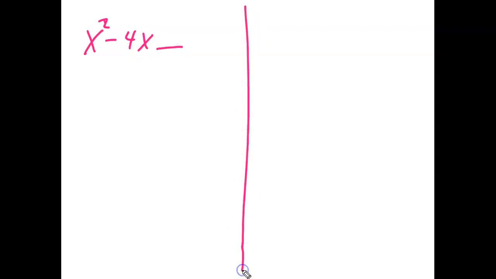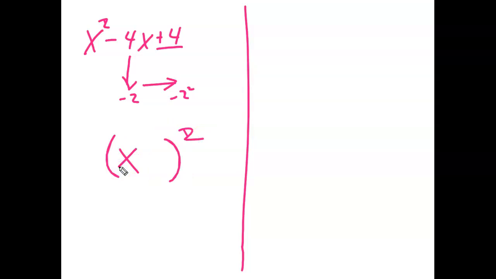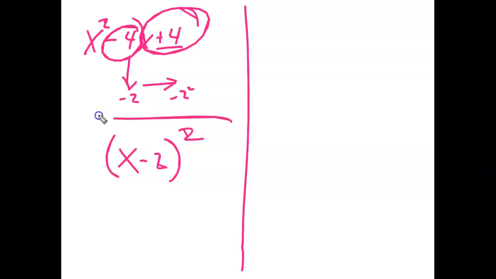First of all, we start by taking half of the 4, which is negative 2. And then we square it, which is 4. The next thing we're going to do is factor it. And when you factor it, you always take half of the middle number. So my final result there will be x minus 2 squared. So we completed the square, and then we factored it.